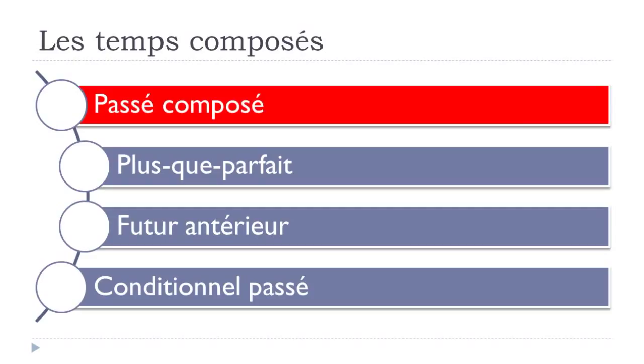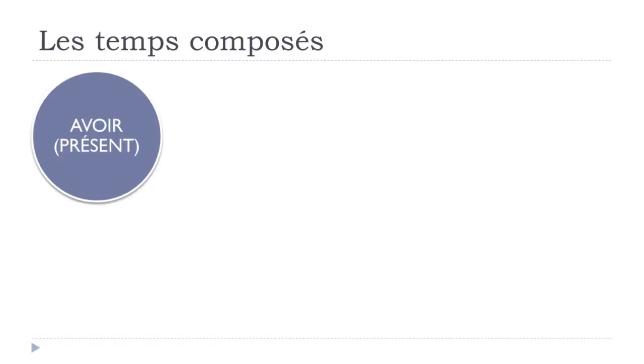So we'll first start with the passé composé, okay? If you remember, the rule was that first we will use avoir. So if you're not really sure, if you don't remember if the verb requires être or not, then put avoir. Avoir should be in the present form.